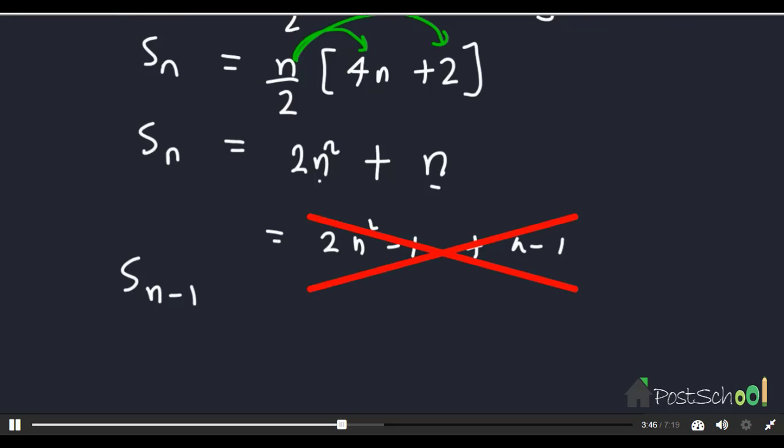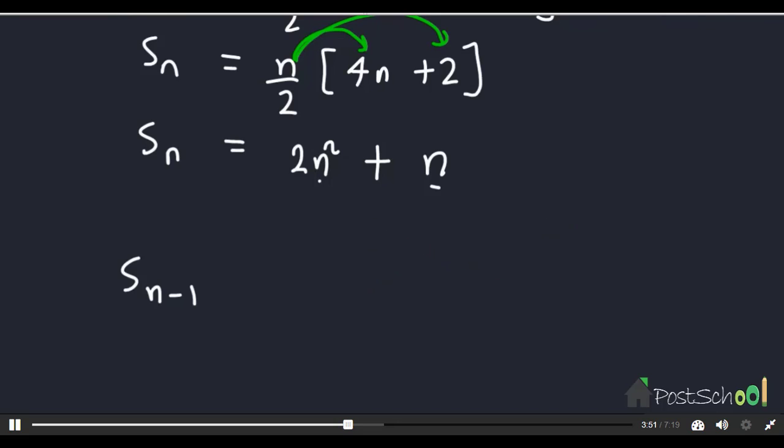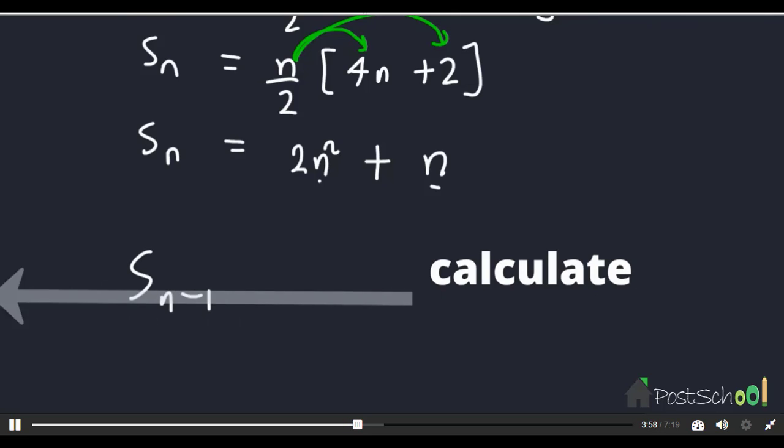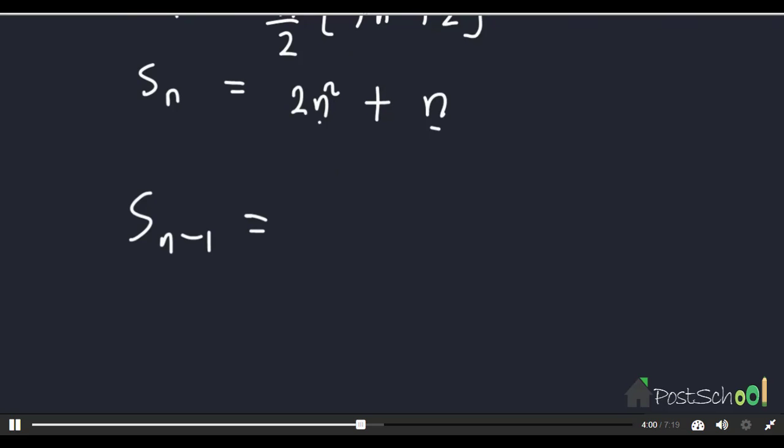Instead, we substitute inside the brackets. Try to find Sn minus 1, and then compare with the solution I'm going to give. This is going to be 2 times brackets squared plus brackets, with n minus 1 in each. That's how we substitute n minus 1 into this formula.